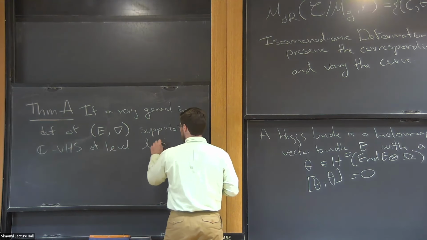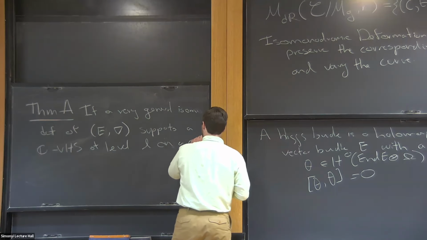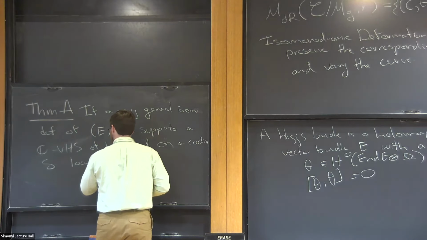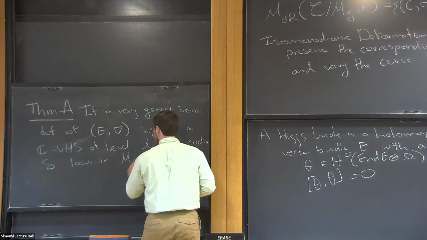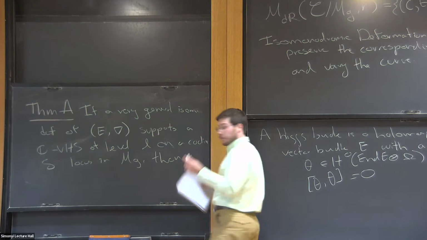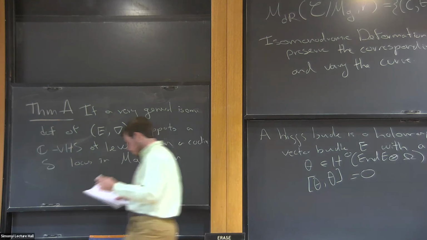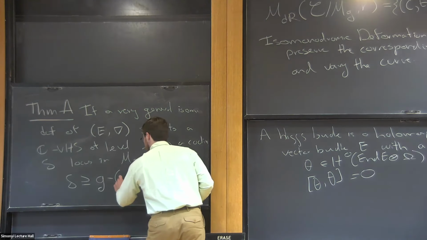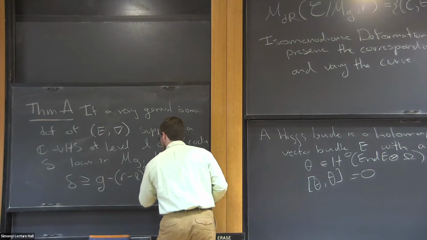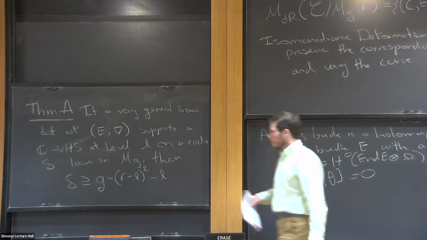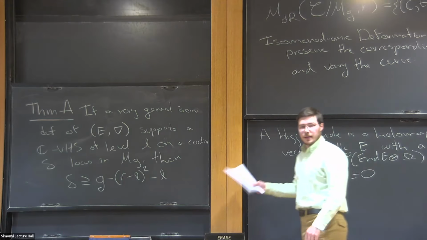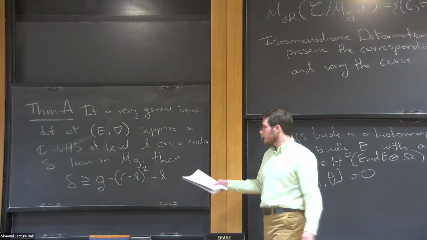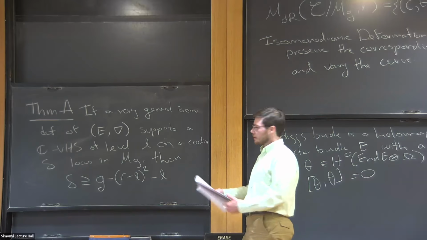on a codimension delta locus in M_g, then I can say the following about that delta. The delta, the codimension, is at least g minus r minus L squared minus L. So in particular, that means that if the rank and the length are pretty small relative to the genus, or if the genus is very big, then this is going to be a proper locus.